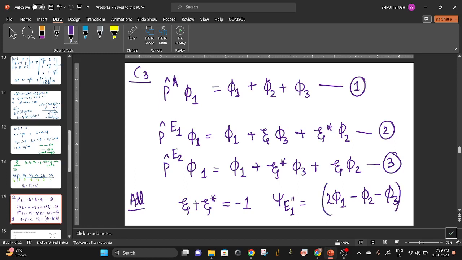One linear combination is this, and the normalization constant will be 1 by root 6, considering 2 squared is 4 plus 1 plus 1, which is 6. Now this combination is upon addition.